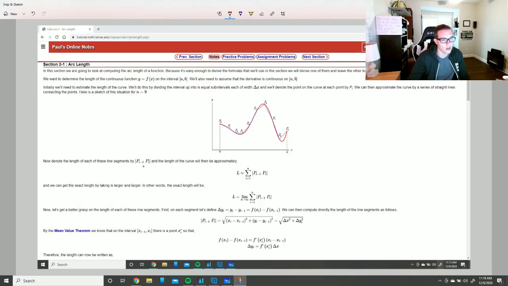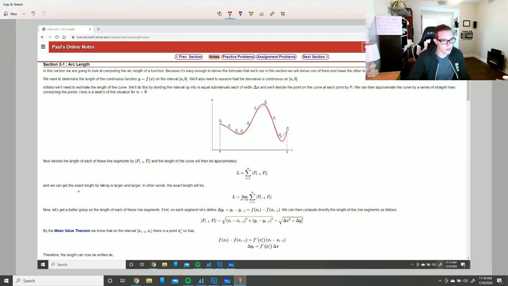It doesn't necessarily mean multiply the points. It just means the distance between this point and this point. They're being lazy about how to identify that. So then they're saying that the length of the curve will approximately be the sum over however many subdivisions you do. So in this case, they're dividing it into 9. It would be from i equals 1 to 9, and then plug in 1, so P0 to P1, plus this length from P1 to P2, plus this length from P2 to P3, plus this length from P3 to P4, and on and on and on.